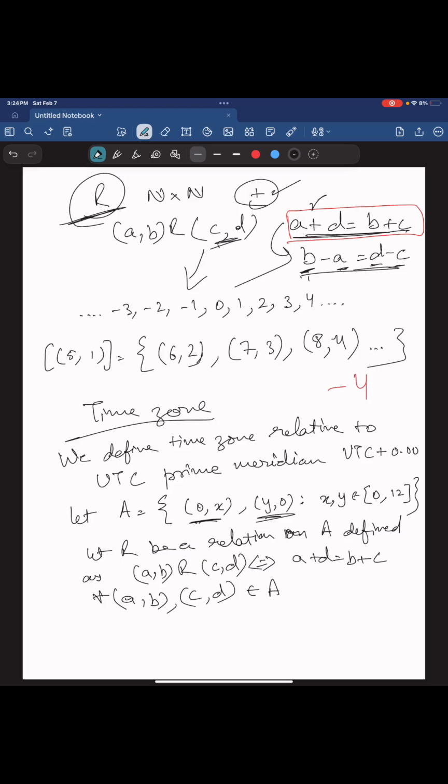Now you can again prove that R is an equivalence relation.